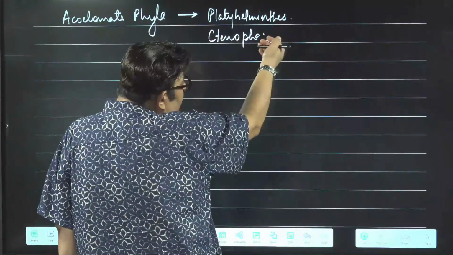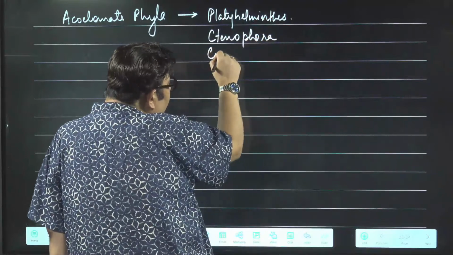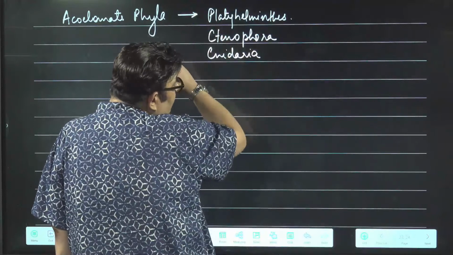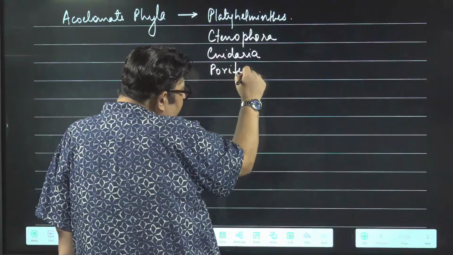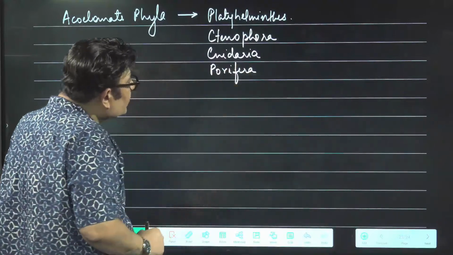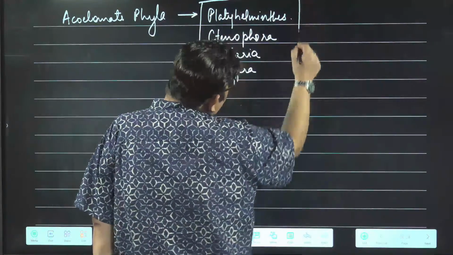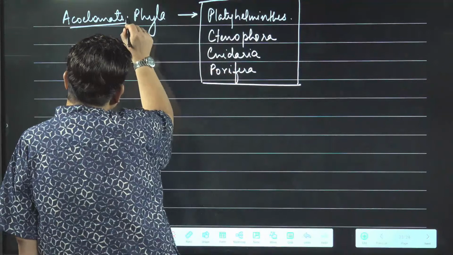So what do you call it? Acoelomate, yes. Similarly, Cnidaria, present or absent? Absent, acoelomate phyla. And Porifera, present or absent? It is absent. So we can consider these phyla in the animal kingdom as acoelomates.